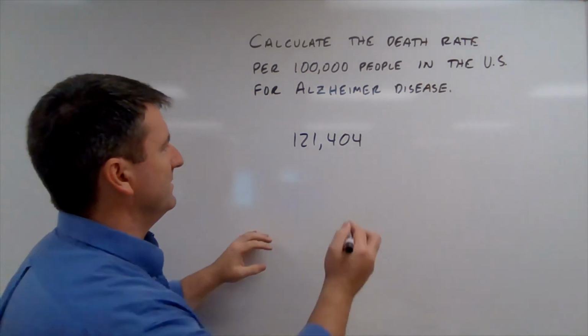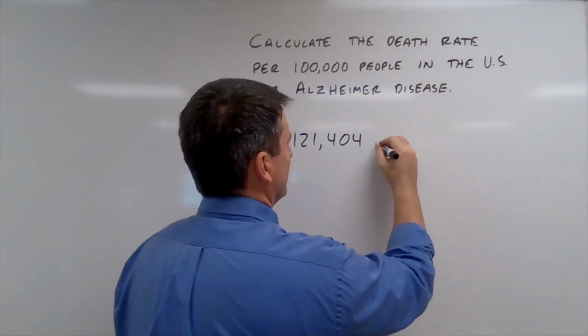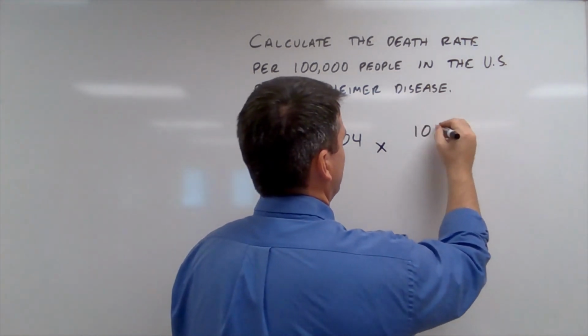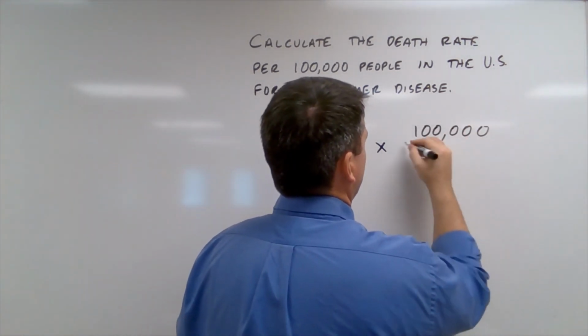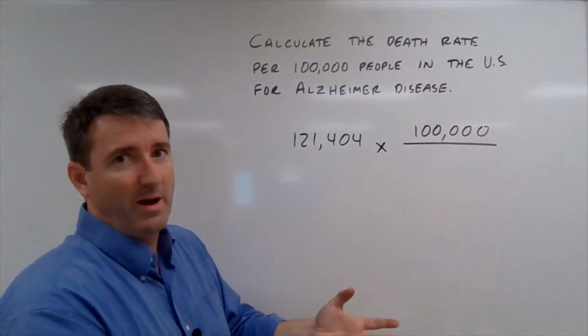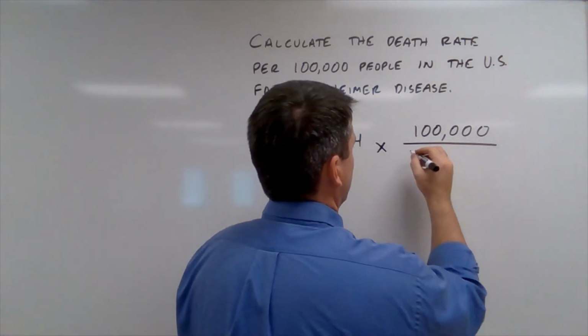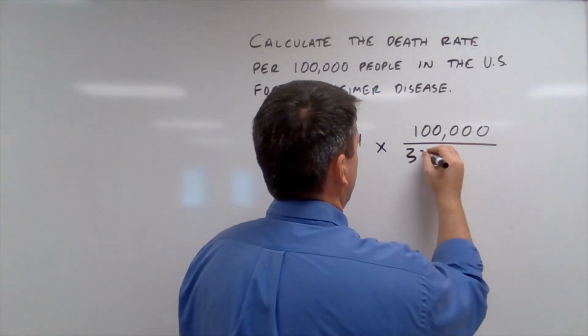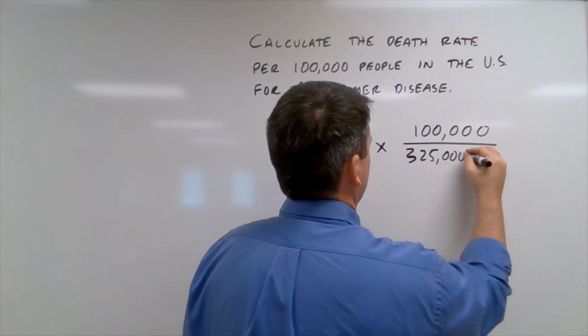And so what we're going to do is we're going to take this and we're going to multiply by 100,000 divided by the total population of the US, which was 325 million.